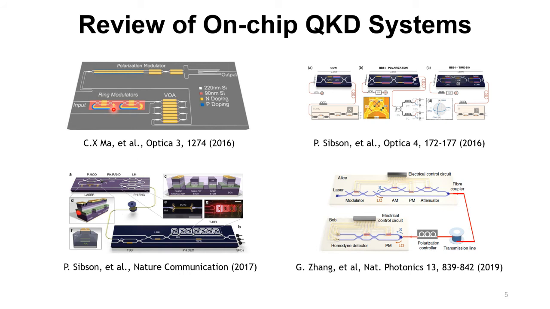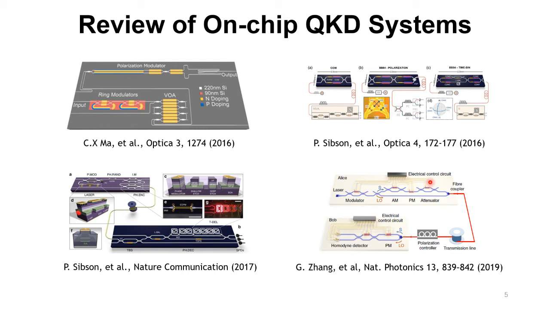For example, researchers from University of Toronto presented a silicon-based optical transmitter for polarization-encoded QKD in 2016. Almost at the same time, researchers from University of Bristol also demonstrated hybrid integrated QKD systems, which were able to implement multiple QKD protocols with gigahertz clock rate.